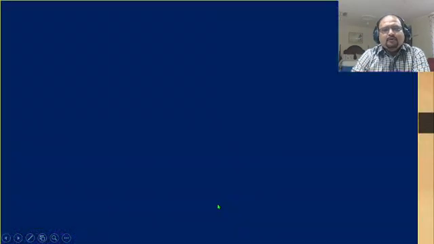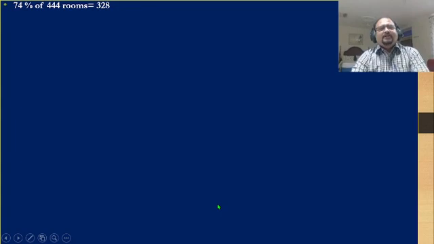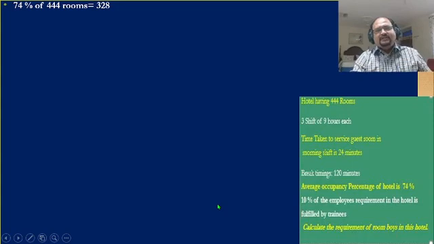So let us proceed to the next slide, and in this slide let us calculate first by converting the total number of rooms into 74%. And here you can see on the right bottom corner the question appeared.